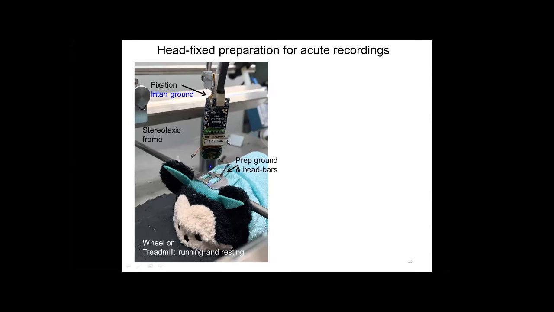In the head-fixed prep, you can do acute recordings in awake mice, or in rats if you train them to stay and to run on a wheel or a treadmill. And this is very convenient because it offers you the ability to use your stereotaxic frames and the apparatus that you already have in the lab to place the probe and bring it within the brain to your favorite target area.